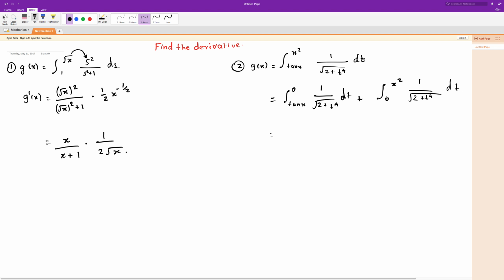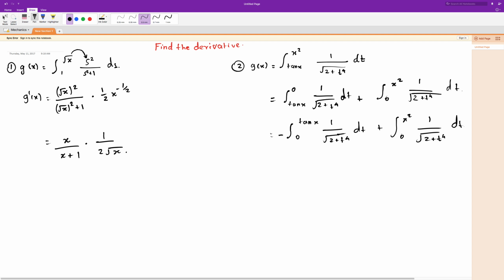So in this case this is going to be negative integral from 0 to tan x of 1 over square root of 2 plus t to the power 4 dt, plus the integral from 0 to x squared of 1 over square root of 2 plus t to the power 4 dt.